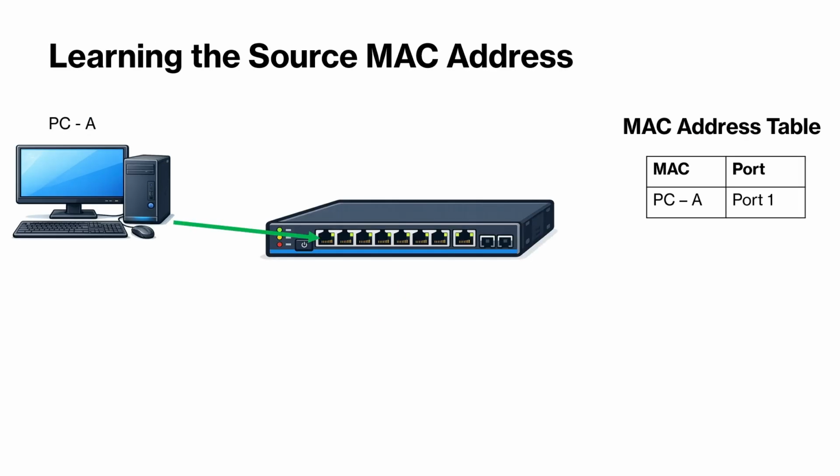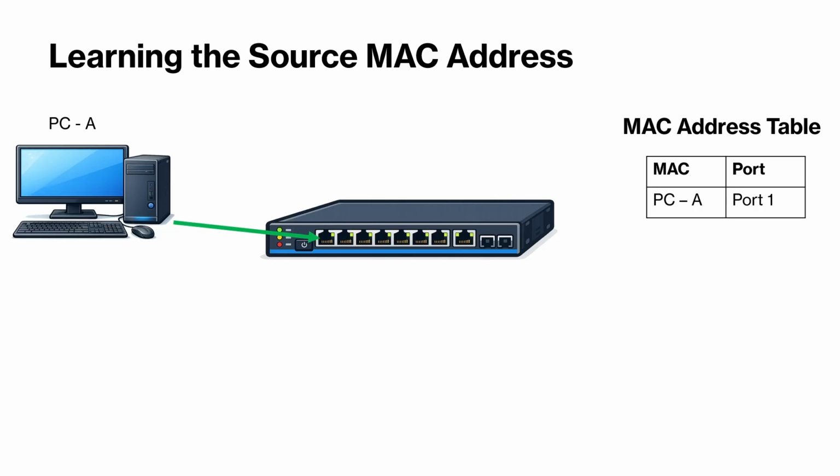Now we reach the first major behavior, learning. Here's the mental shift most beginners need. The switch doesn't start with knowledge. It doesn't boot up already knowing where devices are. At the beginning, the MAC address table is basically empty, so the switch begins life ignorant. So how does it become so smart? It learns in the simplest way possible, by watching the source of frames that enter it.